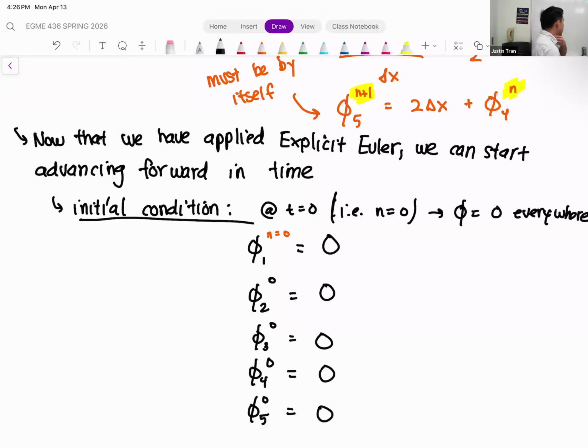But even though we set the initial condition to be 0 everywhere, our boundary conditions also have to be satisfied at the initial condition as well.